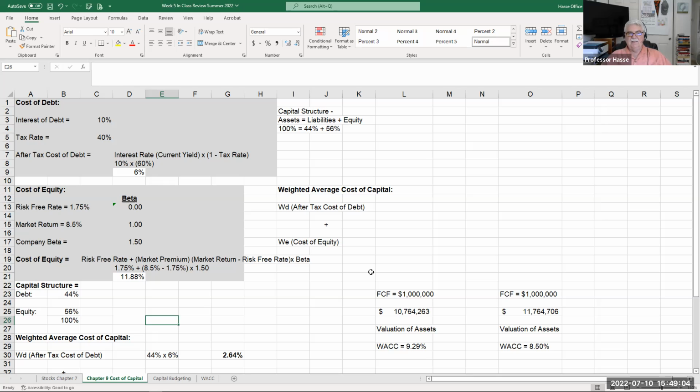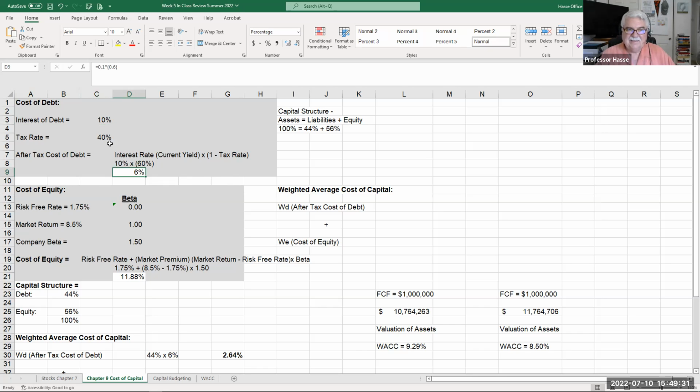So what then is the cost of debt and what is the cost of equity? Well, the cost of debt is the after-tax cost of debt that it's costing the company to borrow the money. Let's look at this example. If my interest rate on some borrowed money is 10% and I have a 40% tax rate, my after-tax true cost of debt is 6%.